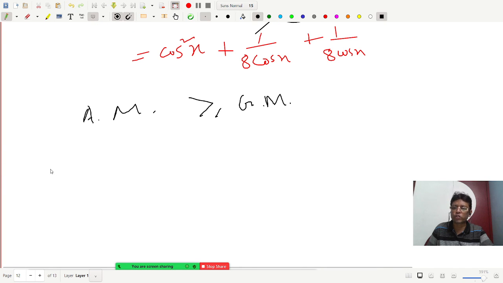Considering three positive numbers, one of them is cos²x, another one is 1 by 8 cos x, another one is 1 by 8 cos x.